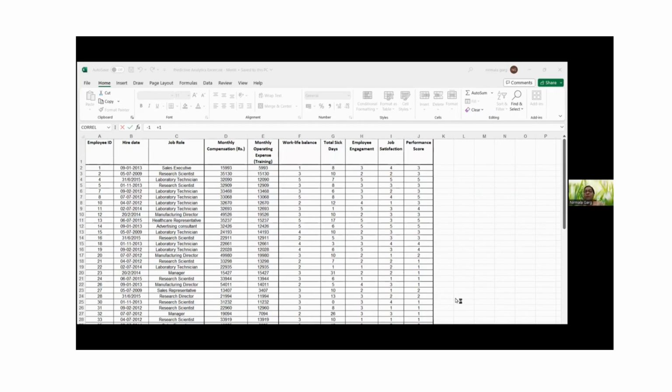So we will take two variables: employee engagement and performance score. Performance score is an outcome, a lag indicator, and employee engagement is a lead indicator. It's an action. So let us establish the correlation between performance score and employee engagement.